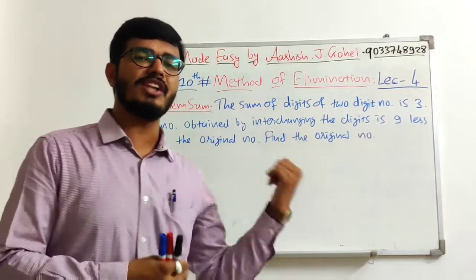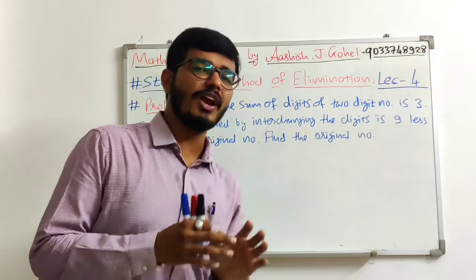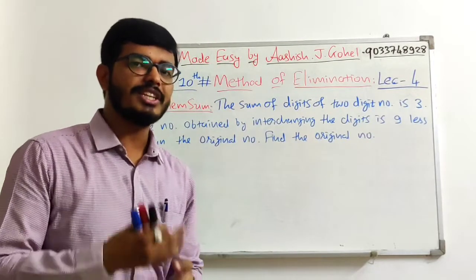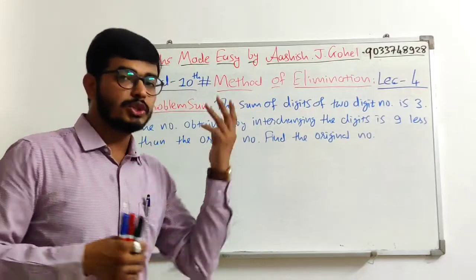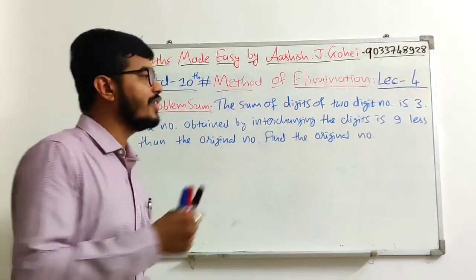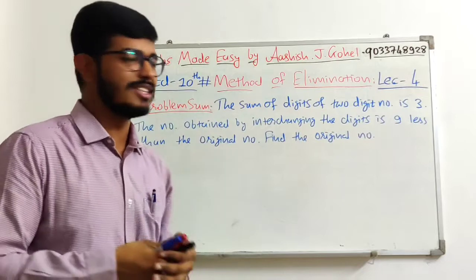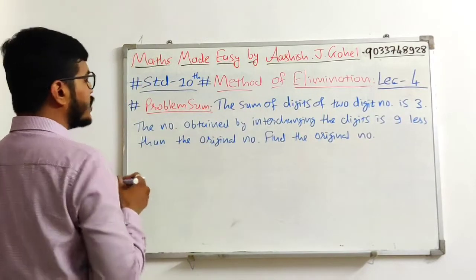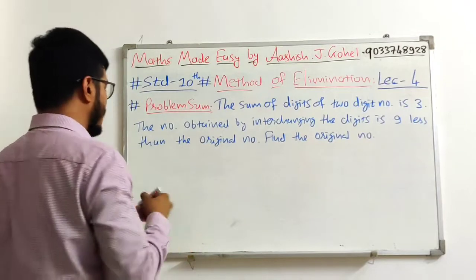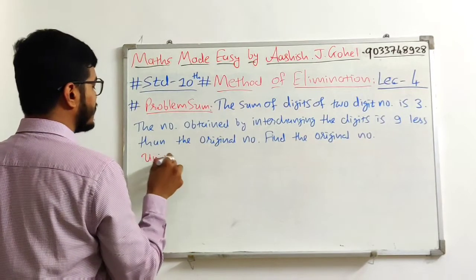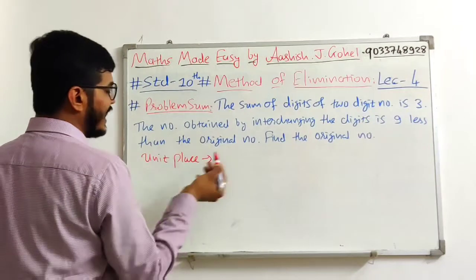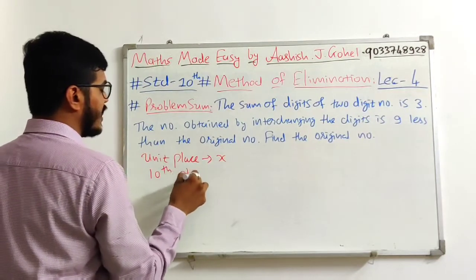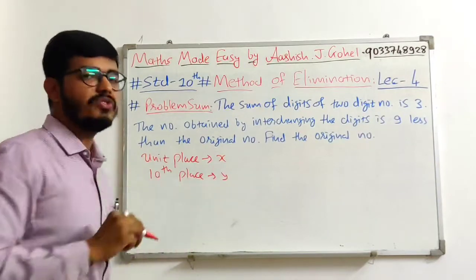So how do we solve this kind of questions? First of all, collect the data and then make equation from data. And here we are with two variable equations. So we can assume any two variables, like say a two-digit number is formed with the help of two types of digits, and that is a digit at unit place, let us assume that is x, and a digit at 10th place, and let us assume that it is y.